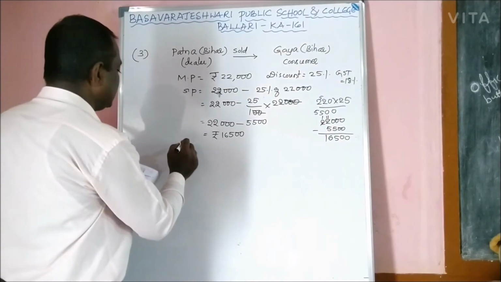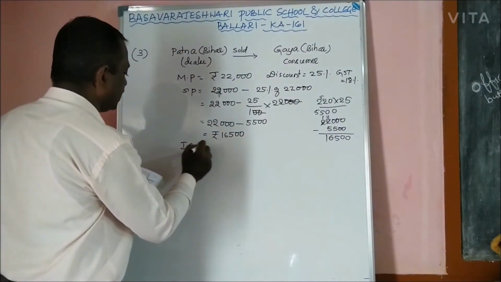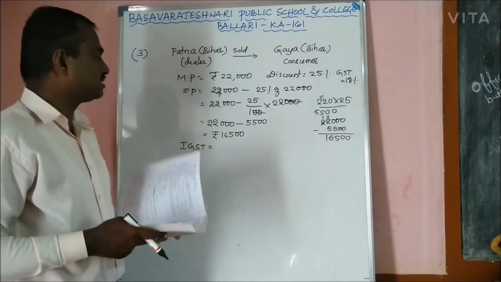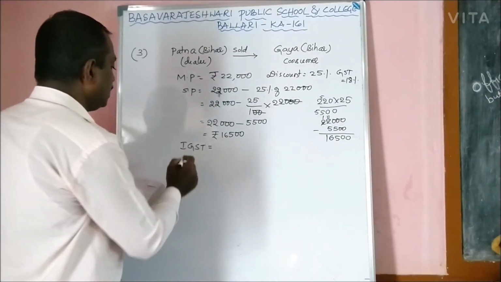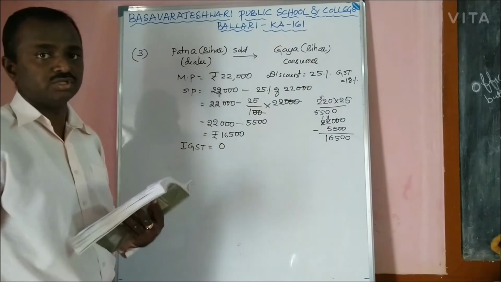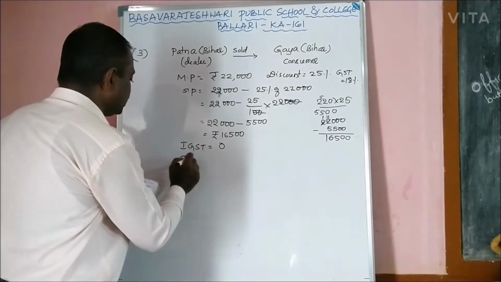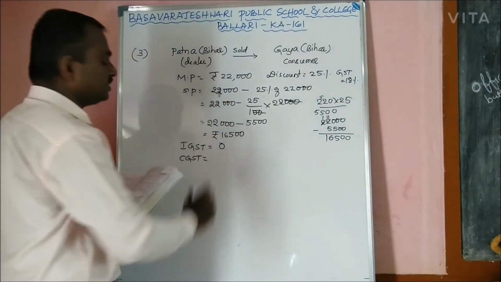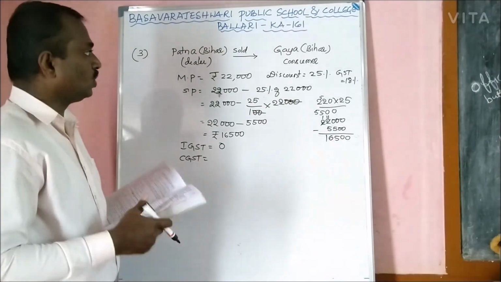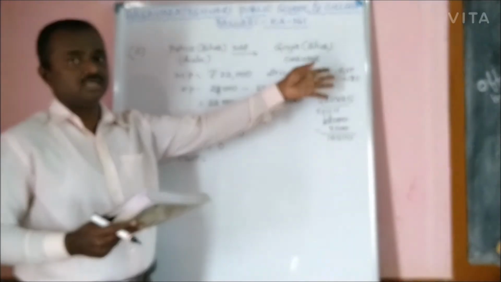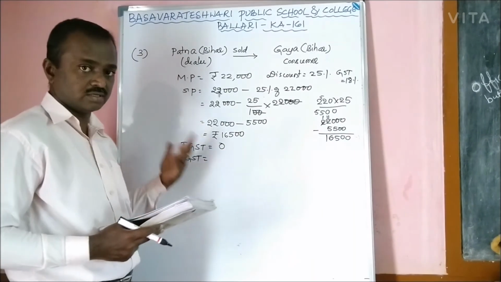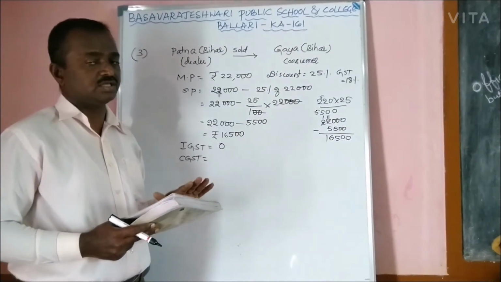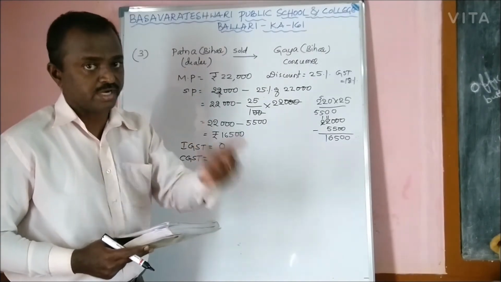IGST will not come into existence here because the transaction is taking place within the state. So IGST will be 0. I told you in the previous class that CGST is the tax that goes to the central government, and SGST is the GST that goes to the state government.